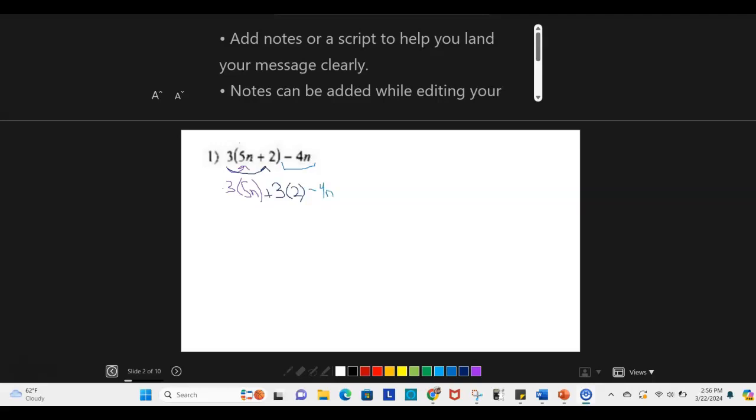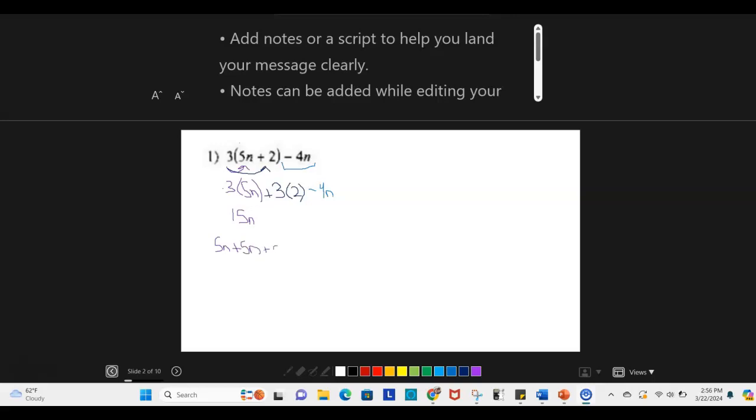Now we can start with the 3 times 5n. We know that positive 3 times positive 5, positive times a positive is still a positive. So that's going to give me positive 15n. Now really what that looks like is 3 times 5n is 5n plus 5n plus 5n.